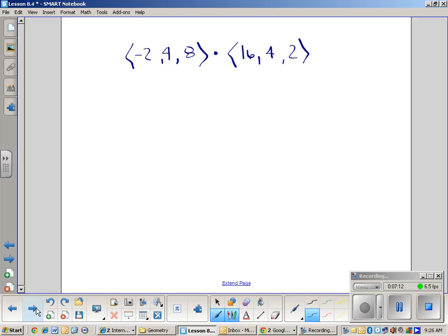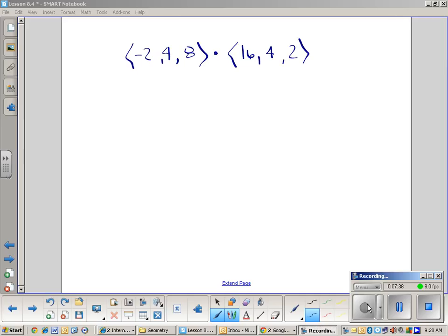So let's find the inner product of these two. It should be simple. I'll pause, let you do that, then we'll do it together. We just all agreed that these two vectors are perpendicular because their inner product is 0. Please tell me how I find that. Taylor, you tell me.